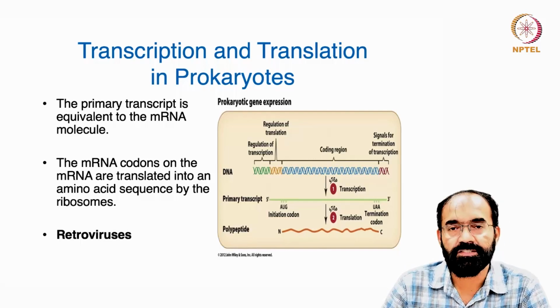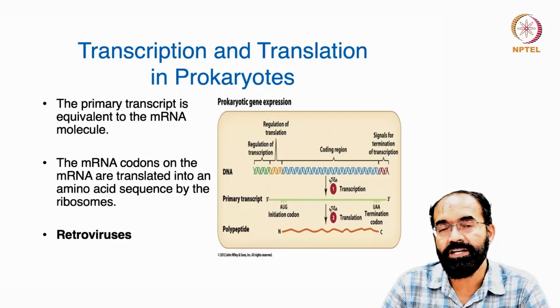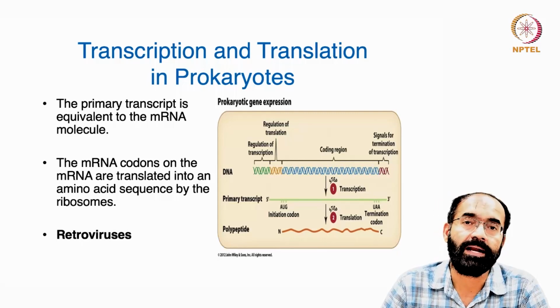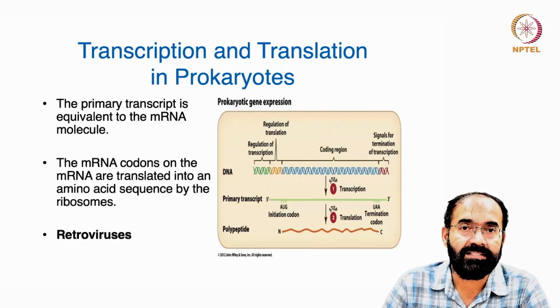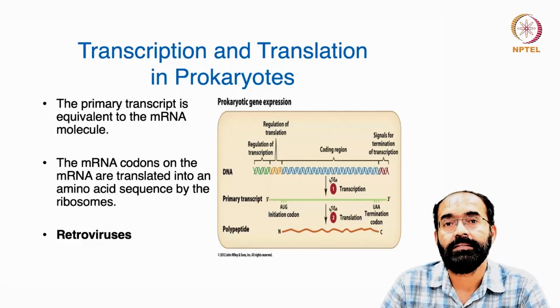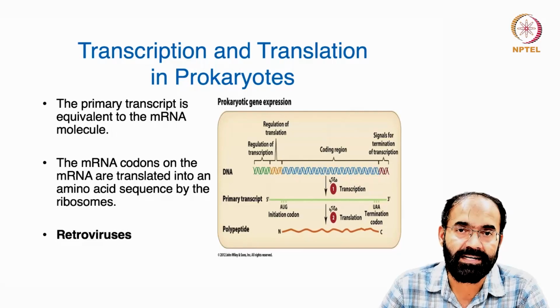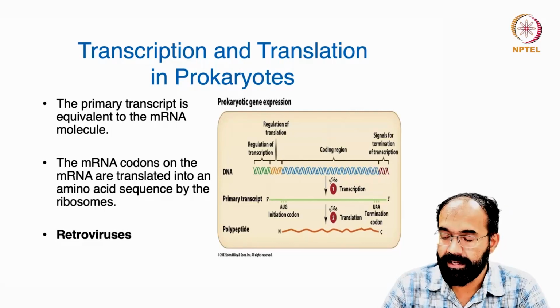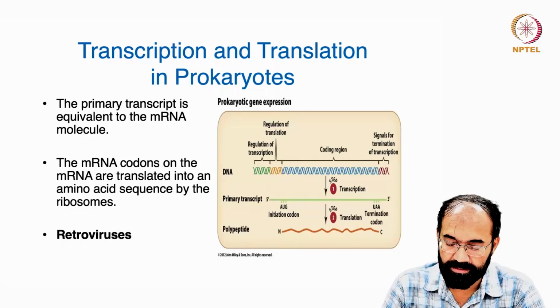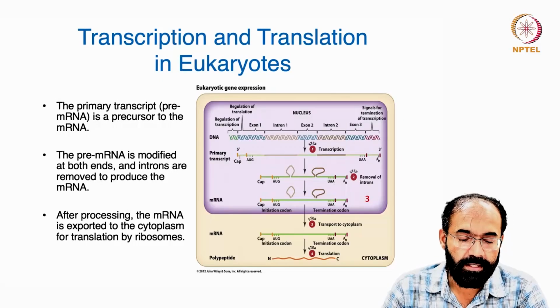The same procedure is followed by retroviruses. The only difference is they have to convert RNA to DNA, and this DNA is stored in the host, and whenever the host is undergoing transcription, this RNA comes out. This is how it works in retroviruses.